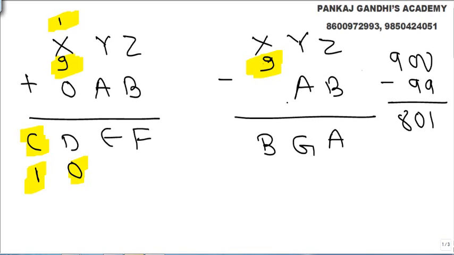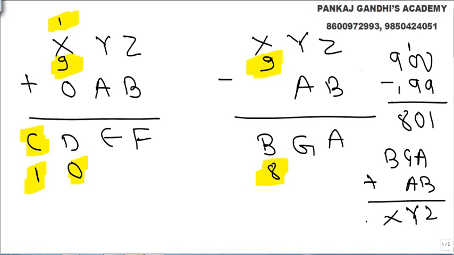The only way it's possible is Y is less than this. When we subtract, carry forward goes here and this comes out. Like we studied, for two things the maximum carry forward can be 1. When we subtract also, maximum it can be 1 goes this side. Simply, when we say XYZ minus AB is BGA, it means BGA plus AB is XYZ.